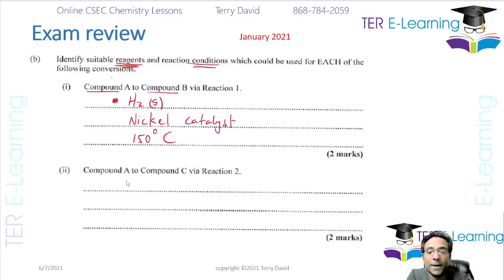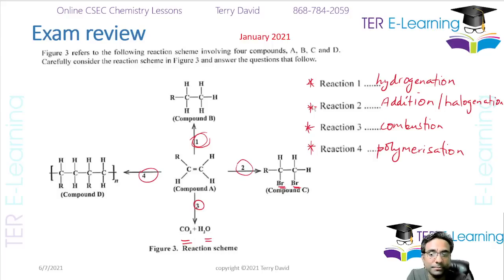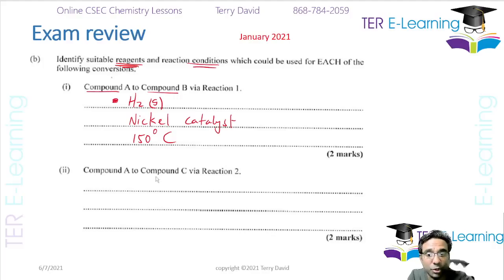You want to go from compound A to compound C. Let's go back to the diagram. So A to C is this reaction here, reaction 2. What you're doing here is adding bromine across the double bond. So all we need to do is to add bromine. We have two options to do that.